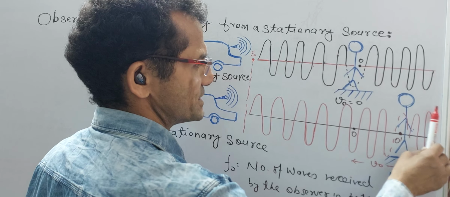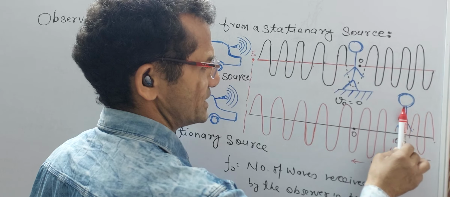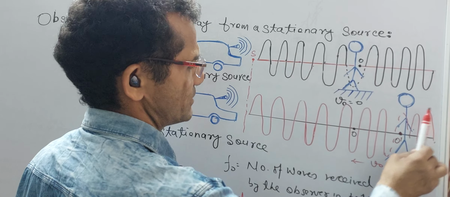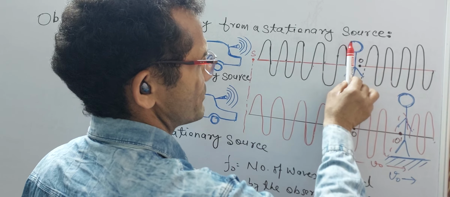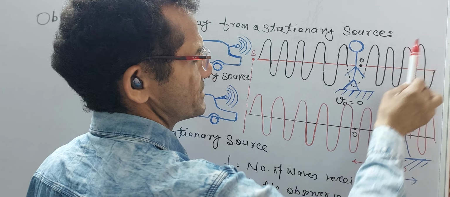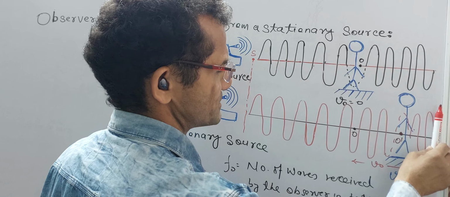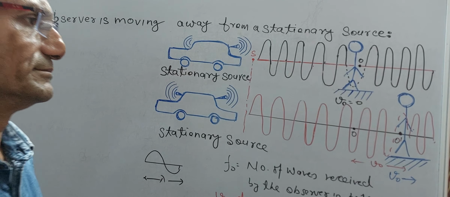Only the waves present in these regions are received by the observer in t equal to 1 second. Earlier the waves from here to here were received by the observer, now only these waves are received. It means that the number of waves received by the observer is decreasing.